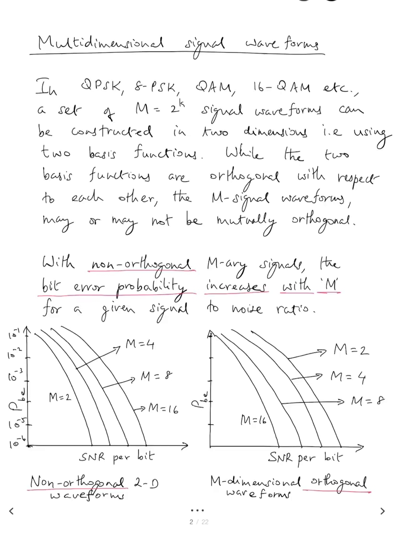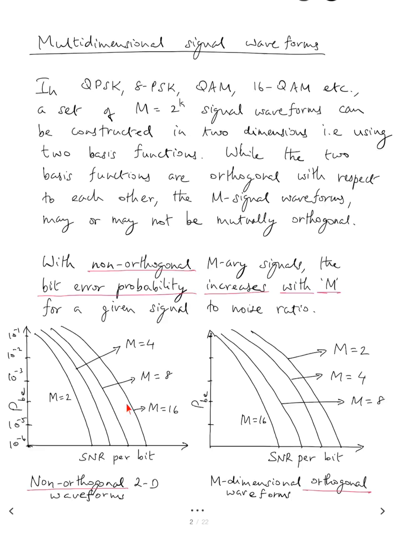Suppose we need the bit error probability to be limited to 10 power minus 4. To achieve 10 power minus 4 bit error probability with m equal to 2, we need a signal to noise ratio given by this point. But m equal to 4 requires a much higher signal to noise ratio. With m equal to 8, it requires a further higher signal to noise ratio.